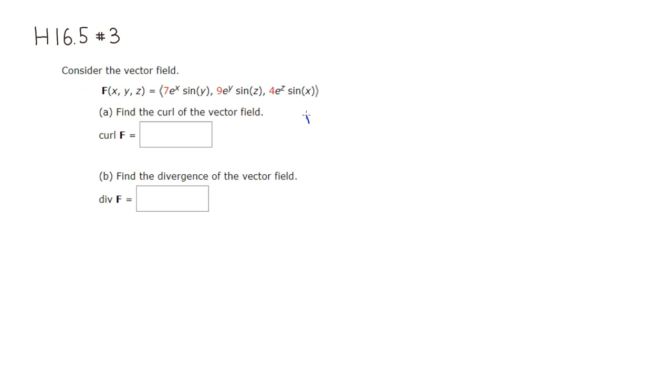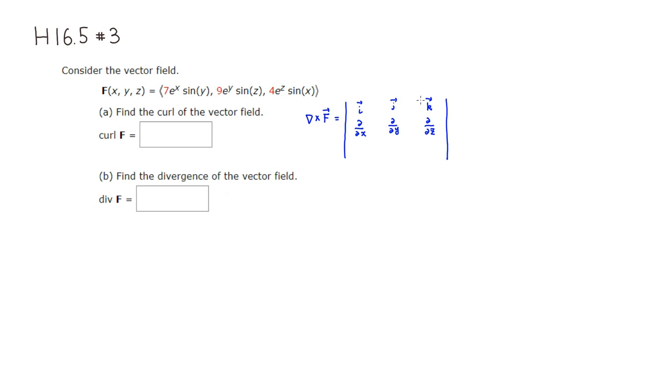So the curl of vector field F is going to be the determinant with i, j, and k vectors, the partial with respect to x, the partial with respect to y, and the partial with respect to z.